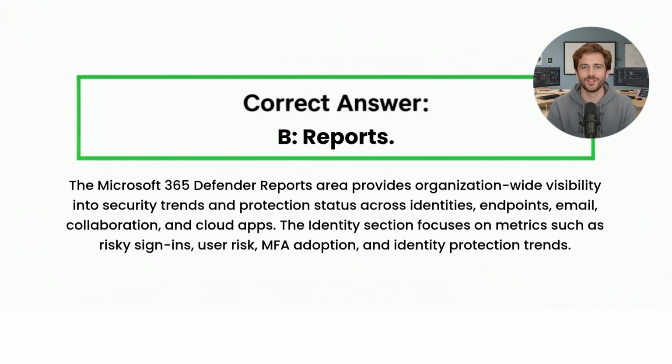The Microsoft 365 Defender Reports area provides organization-wide visibility into security trends and protection status across identities, endpoints, email, collaboration, and cloud apps. The identity section focuses on metrics such as risky sign-ins, user risk, MFA adoption, and identity protection trends.